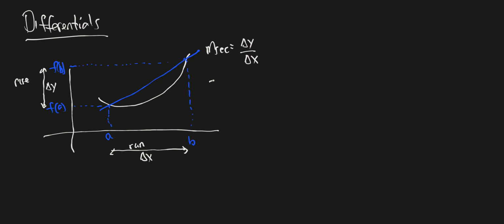But we can actually rewrite this, and we can say that our change in y, or the difference in y, is equal to the slope of the secant line times the difference in x, right? I mean, it's just algebra, right? On this side, I have a fraction. These are two numbers, and then I can multiply both sides by the denominator. So as long as the denominator is not 0, then everything here is valid, right? So it's just another way of looking at it.